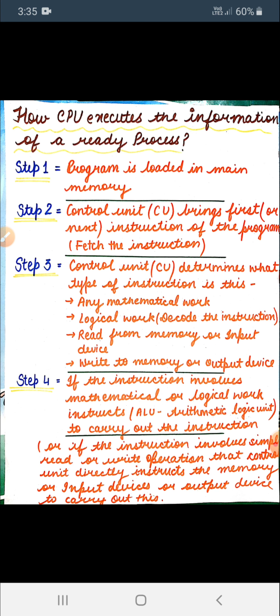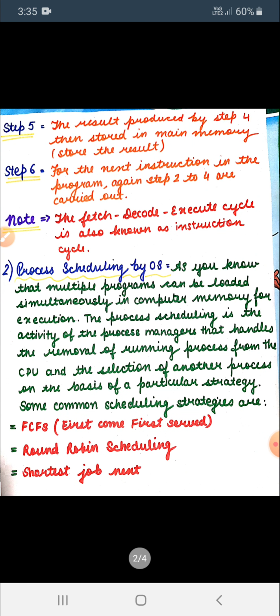Next step, the result produced by step number 4 is then stored in main memory. Then for the next instruction in the program, steps 2 to 4 are carried out again. This total cycle from step 1 to step 5, fetch, decode, and execute, is known as the instruction cycle. This is the way the CPU executes any instruction.